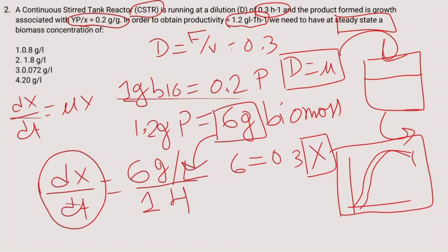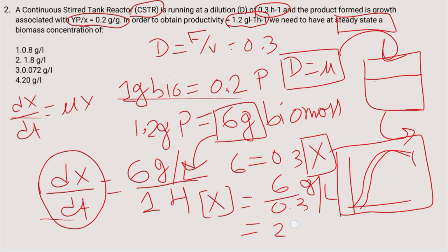Its unit is gram per liter. So from this equation, determine the amount of X, that is 6 by 0.3. The unit would be gram per liter, and it will come as 20 grams per liter. So the answer is the fourth one.